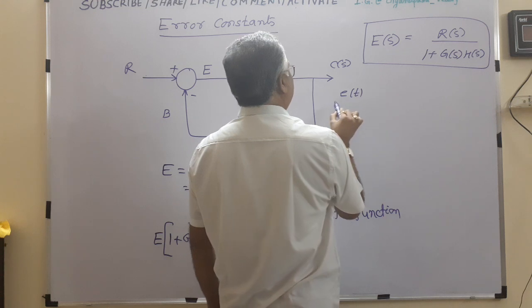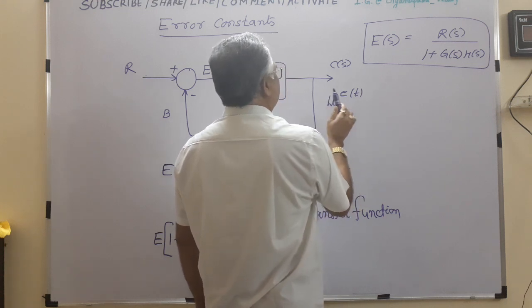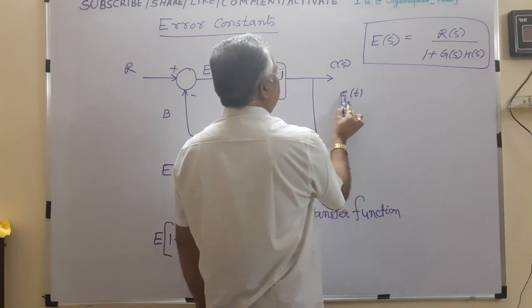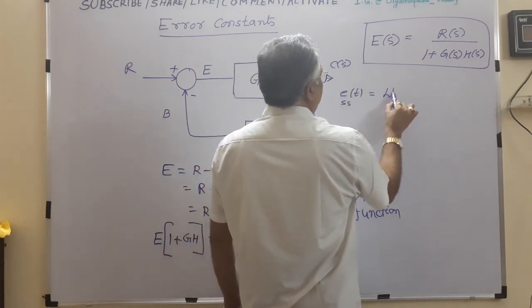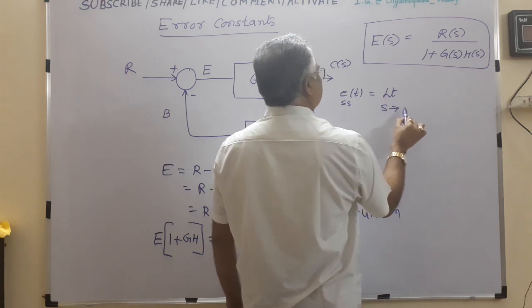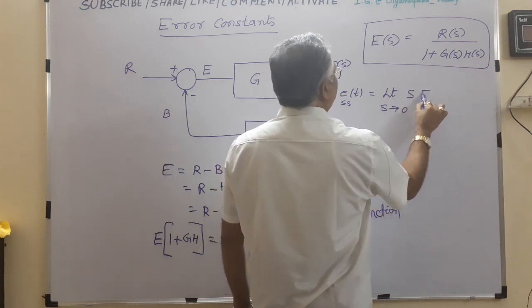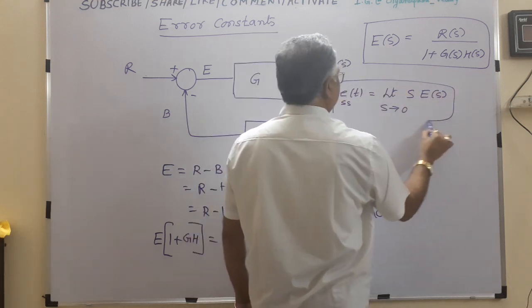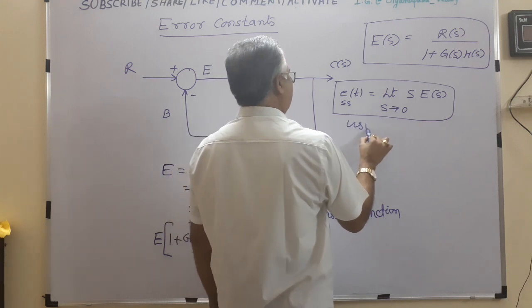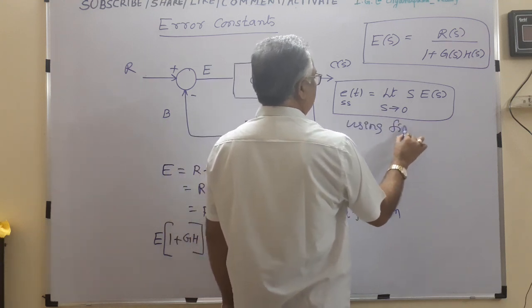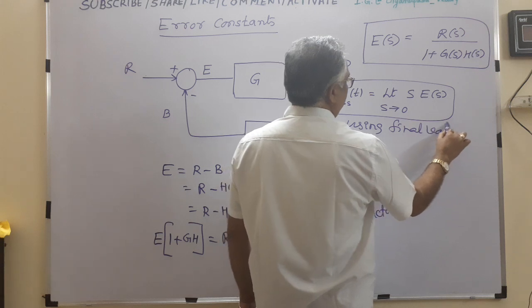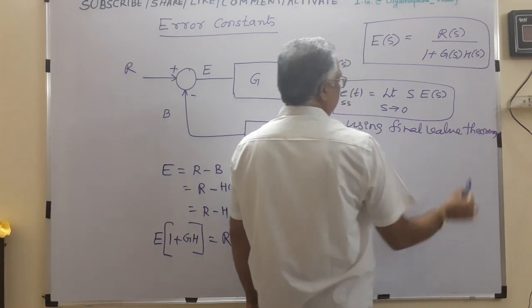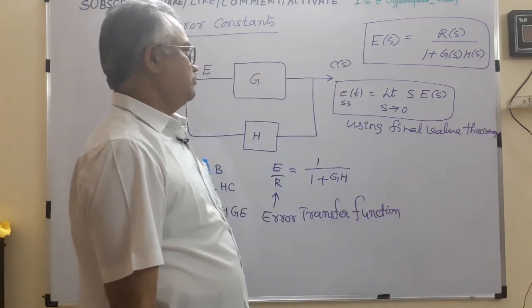E of t, or otherwise ESS. Steady state error is equal to limit S tends to 0 S into E of S. This is using the final value theorem. You studied this already in Laplace transform.